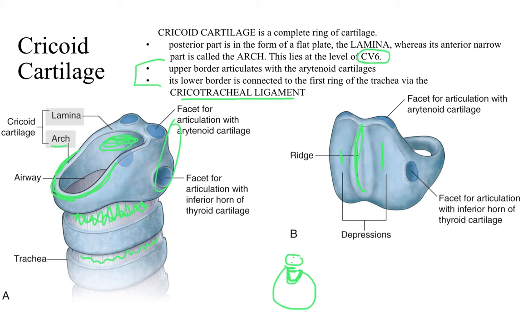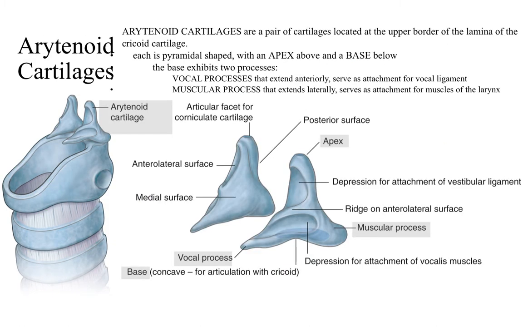So the next set of cartilages are much smaller, as you can see, and they have this triangular shaped appearance, and they are known as the arytenoid cartilage. These are what we consider paired cartilages, and notice that they are on the superior border of the lamina of the cricoid cartilage.